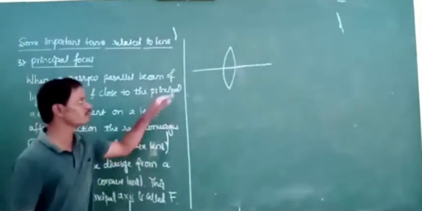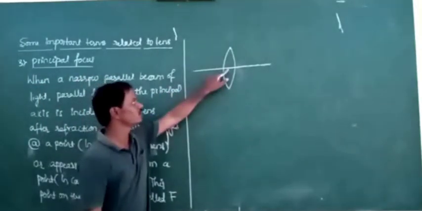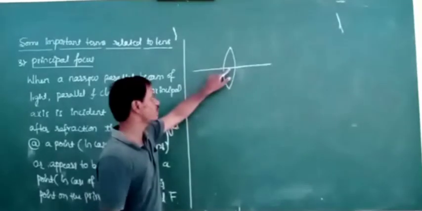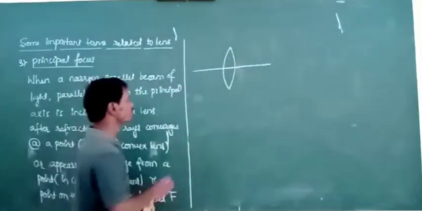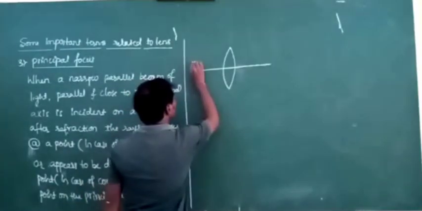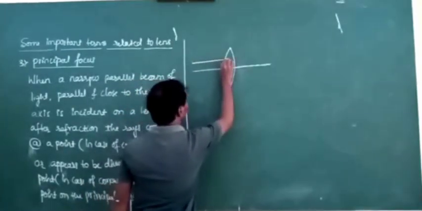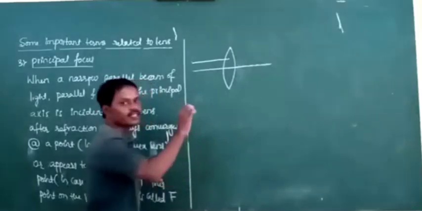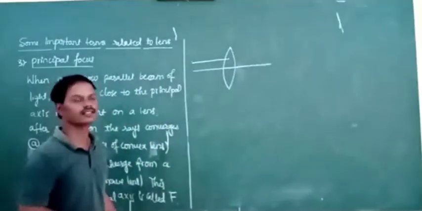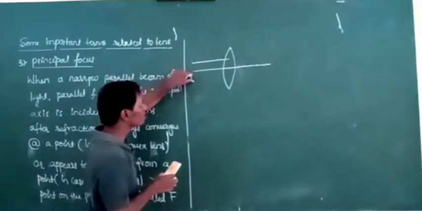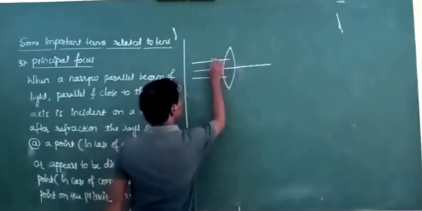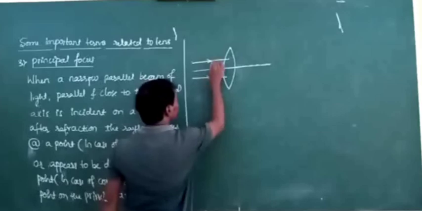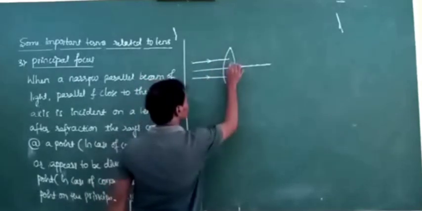It is the line passing through the optic center and also the centers of curvature of both curved surfaces. Now, whenever a parallel beam of light, meaning the light rays are parallel to each other and close to the principal axis.